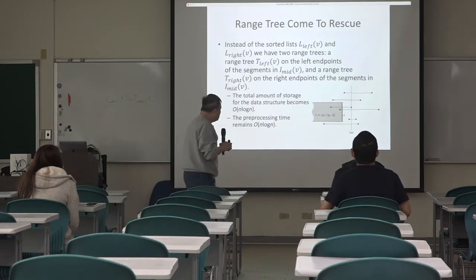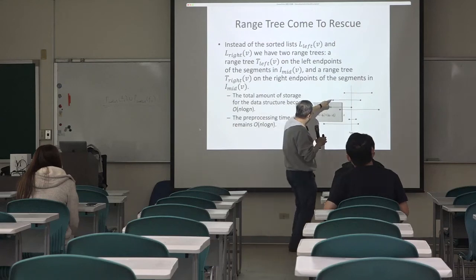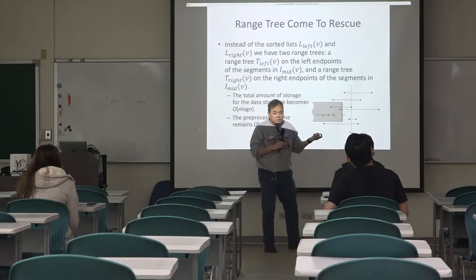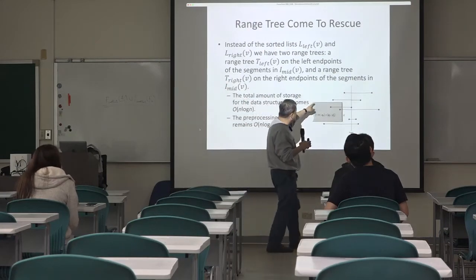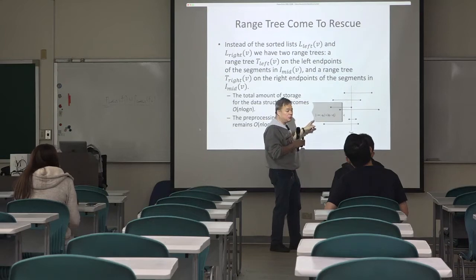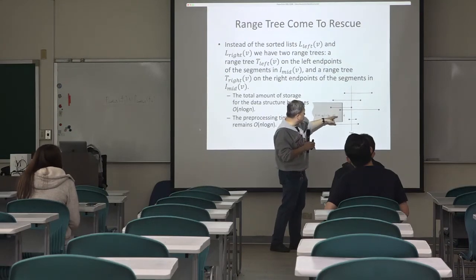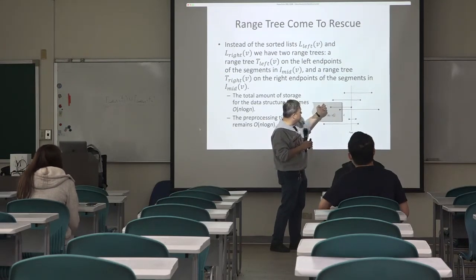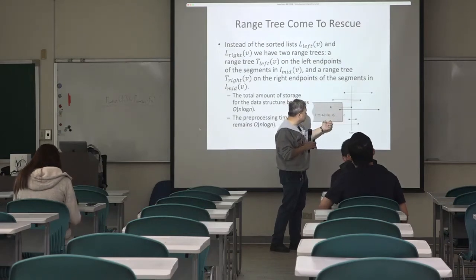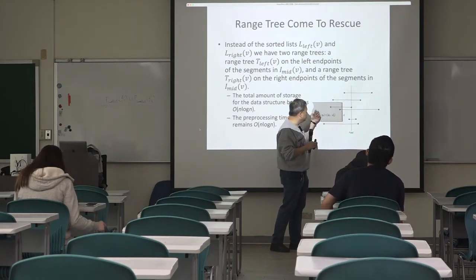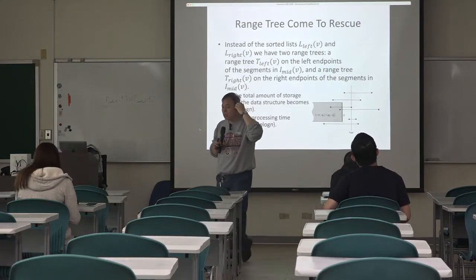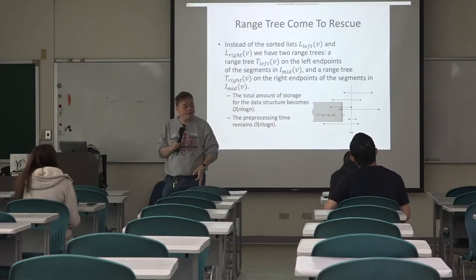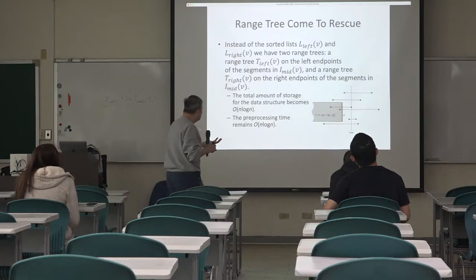So you could store these left endpoints in a range tree and treat this one as a range query. You just return the endpoints that are inside this rectangle range, right?